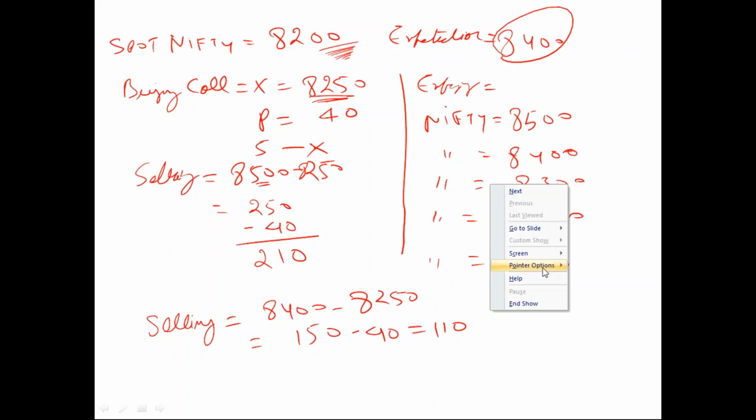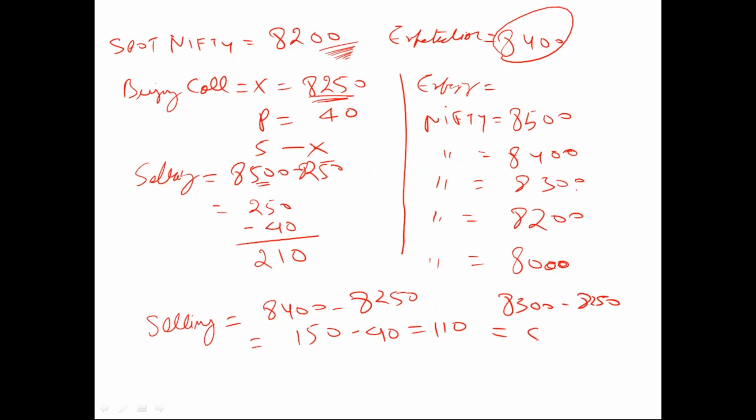So what happens here is, if we talk about 8,300, yes, we bought it and we are selling at 8,300. We bought at 8,250. So I'm getting 50 rupees as payoff, and after minus the premium, I guess 10 rupees profit.